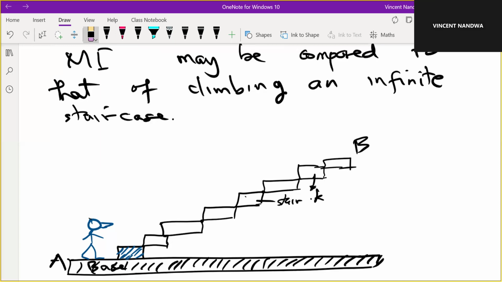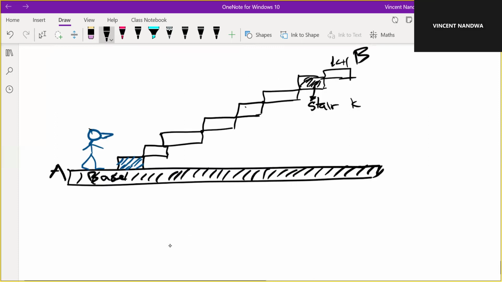Then once you are at this point K, you should be able to climb to the next step, which is actually the last step, point B. So first climb the first one, then you move along the same pattern, climb this one. Then if you're able to climb this one, then you can climb the next stair, which is K plus 1. Okay? Yeah.